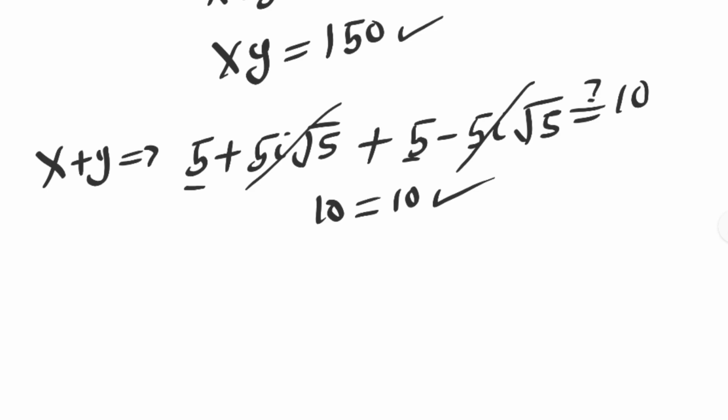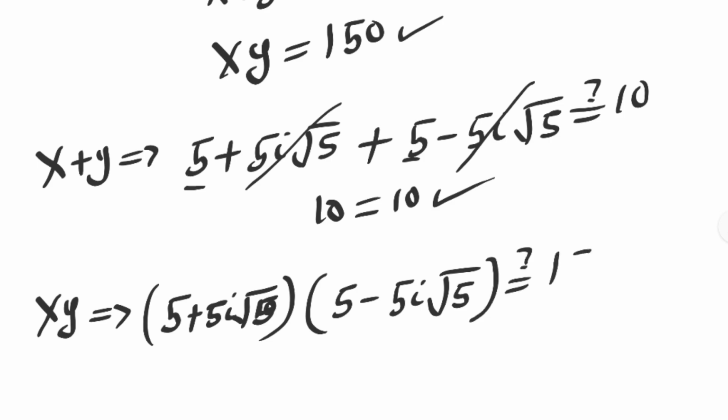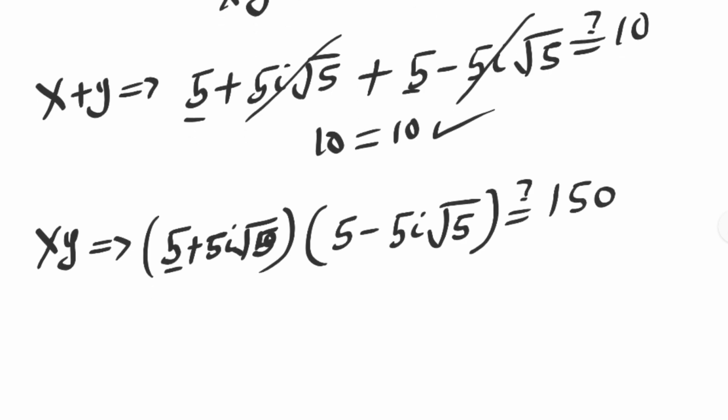Let us consider this. xy can be written as 5 plus 5i root 5 multiplied by 5 minus 5i root 5 must be equal to 150. 5 times 5, this is 25, minus 5 multiplied by minus 5i root 5, that is 25i root 5.